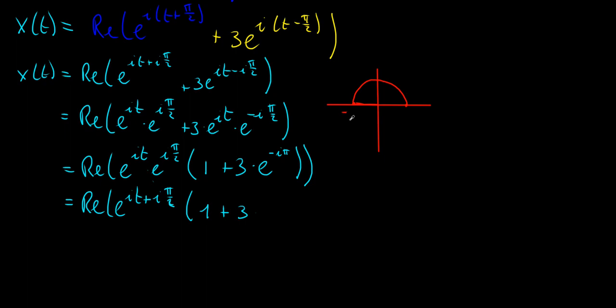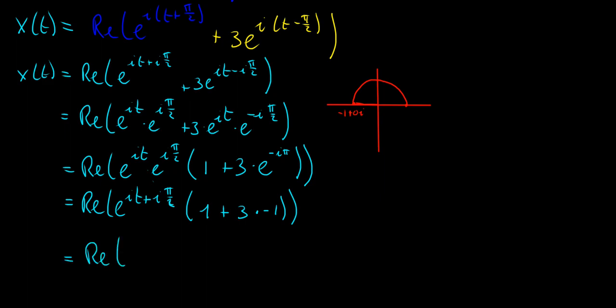Or better said, minus 1 plus 0i, actually. So just minus 1. So this number is actually just minus 1. So we can multiply this 3, not with e to the power minus i pi, but with minus 1, because that's actually the same thing.